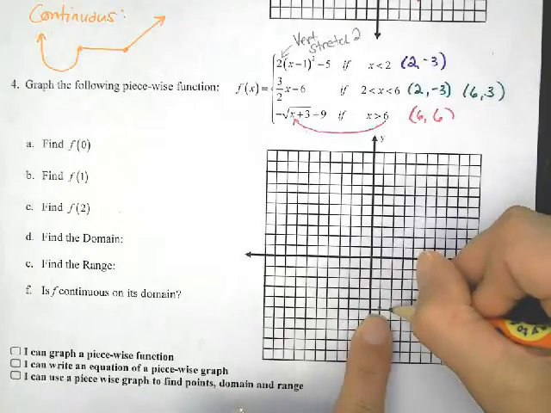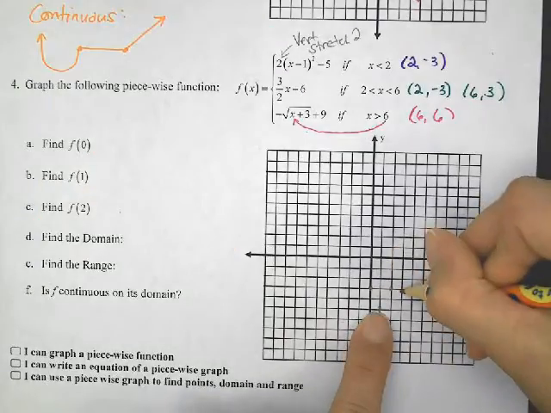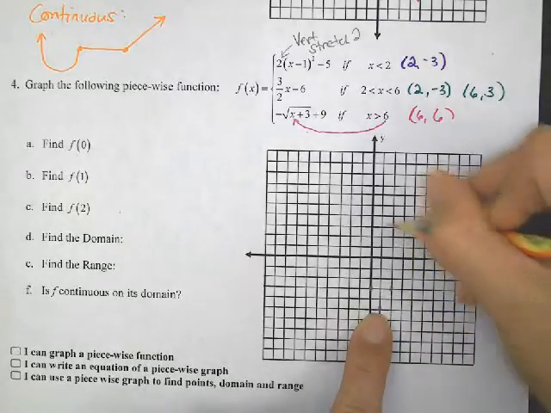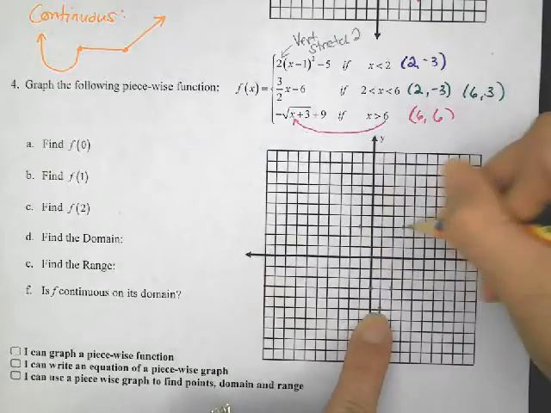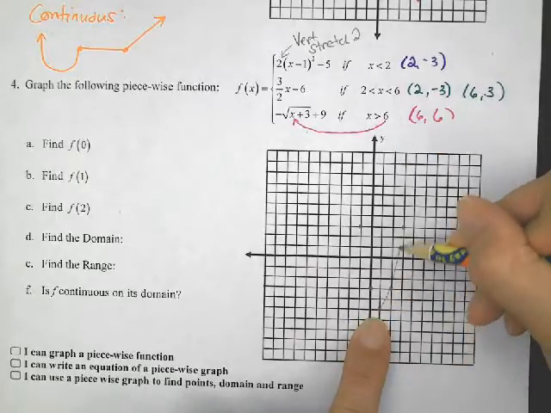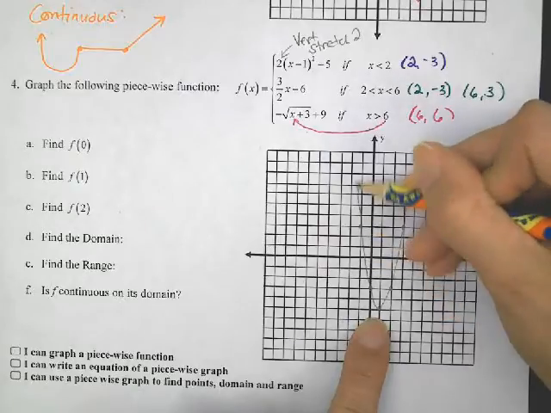So over 1, up 2. Over 1, up 6. Oh, it's not going to fit. Okay, so here's the parabola, nice, tall, stretchy one.